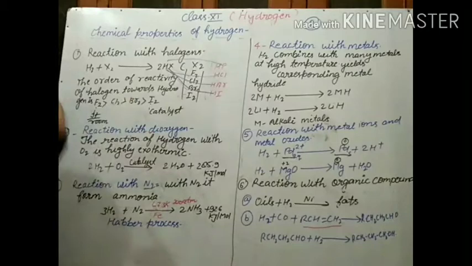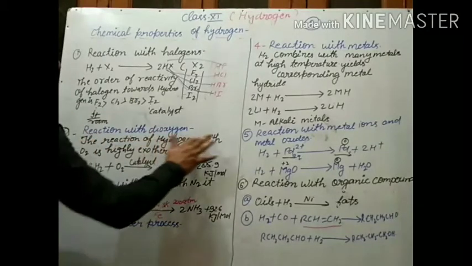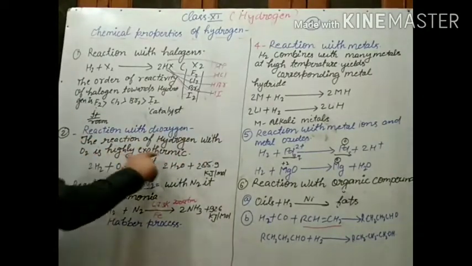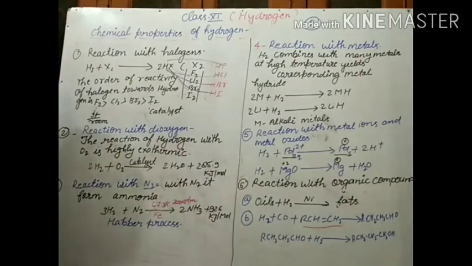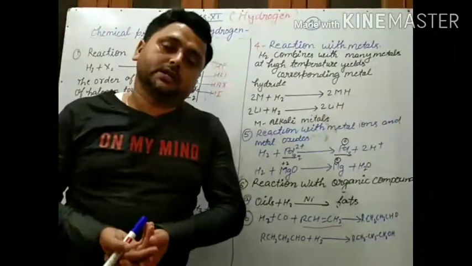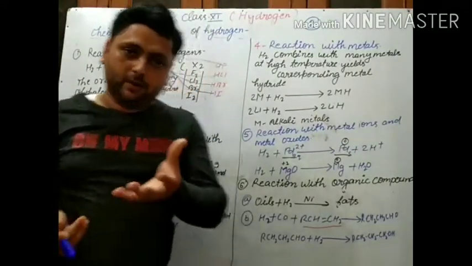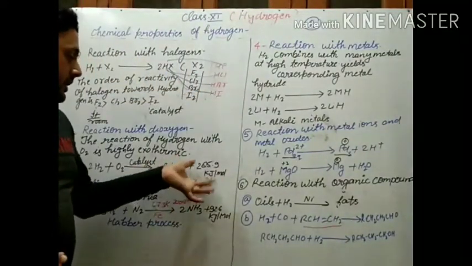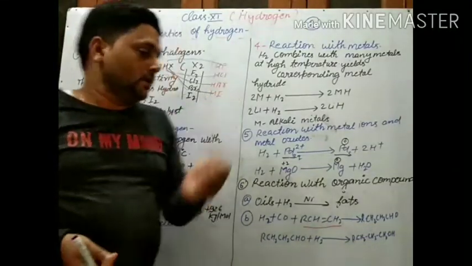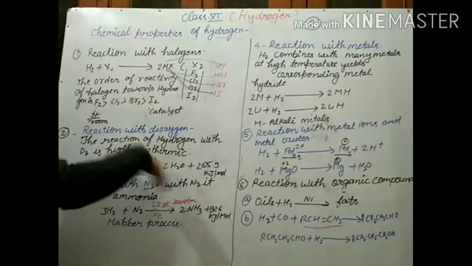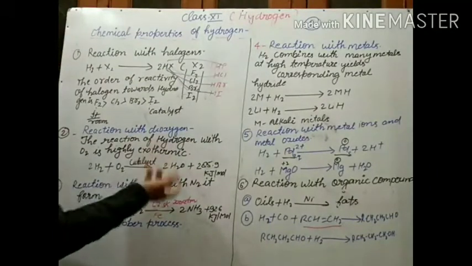The reaction of hydrogen with O2 is highly exothermic. Exothermic reaction means heat is being produced during a reaction. You might know what endothermic and exothermic are. You have studied exothermic and endothermic reactions in 10th class. So remember, exothermic means heat is being produced.